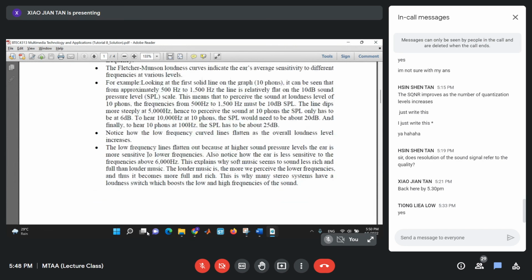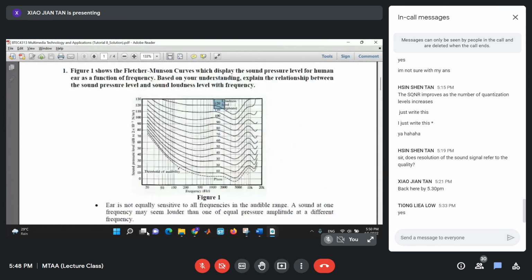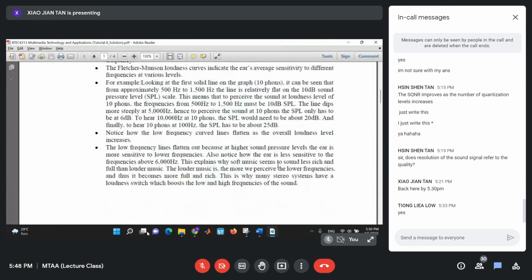The low frequency line flattened out because at a higher sound pressure level the ear is more sensitive to low frequency. Also notice how the ear is less sensitive to frequencies above 6000 Hz, which is somewhere around here, because it increases in terms of the graph.